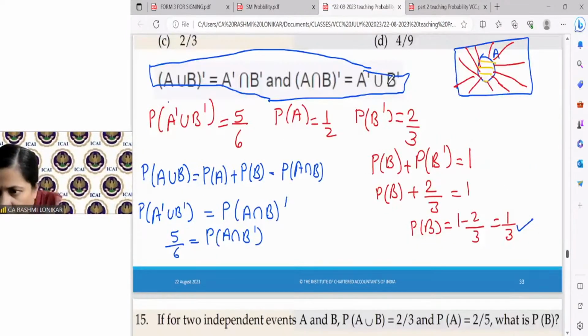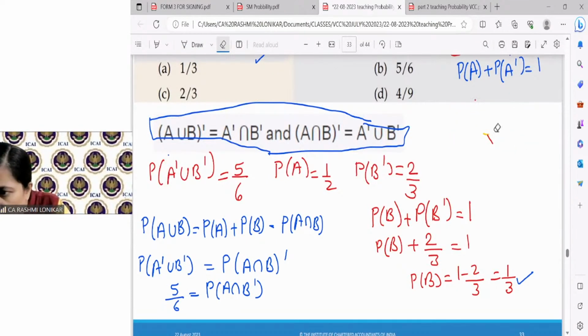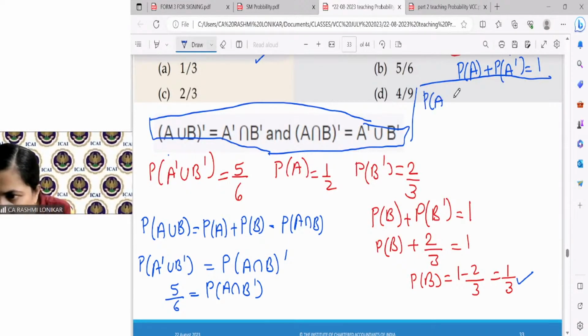I don't have place, let me rub this drawing. This is only meant for you to understand the concept of complement. So now what have I got? I have got P of A intersection B dash is equal to 5 by 6. Now what I need is P of A intersection B. Again, I will be using this. This is very, very important.